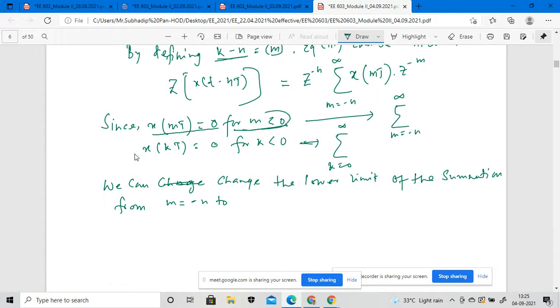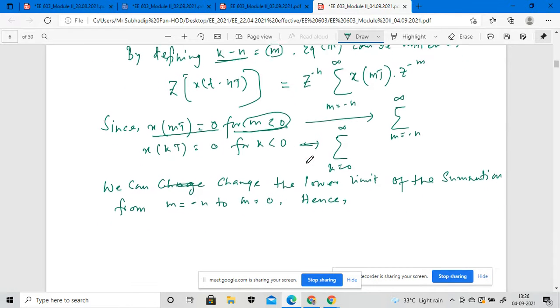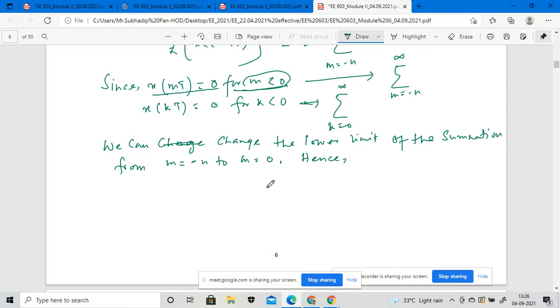We are changing for m less than 0, so we are taking the value m equals 0, right? So hence we can write the equation like this.